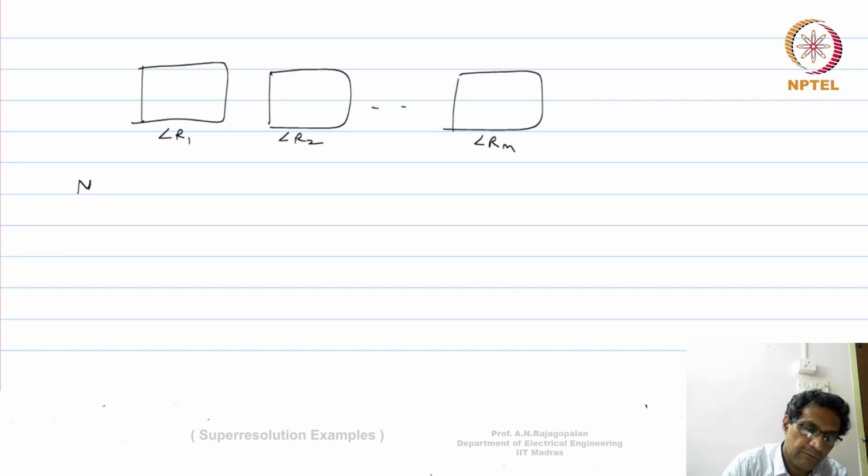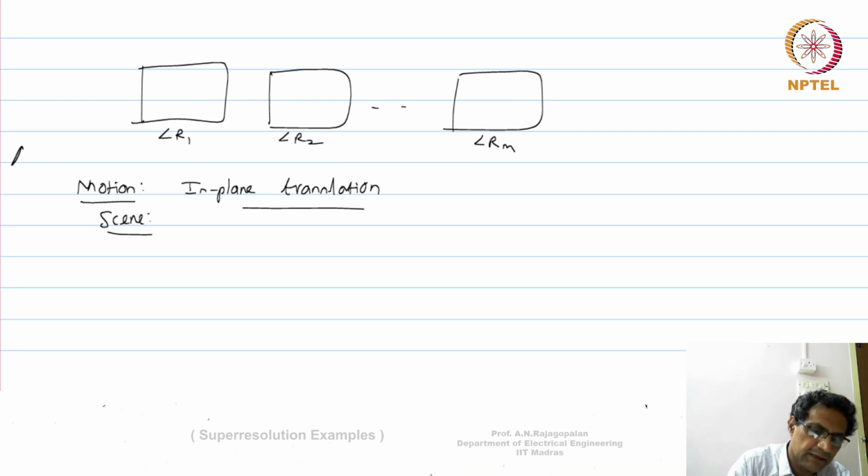Now, the motion itself was normally assumed to be in plane translation of the camera. Now, why is this so? Because if you have an in plane translation, there was an assumption on the scene. When you're doing this, we are making some assumptions, so let's look at what assumptions we have implicitly made.